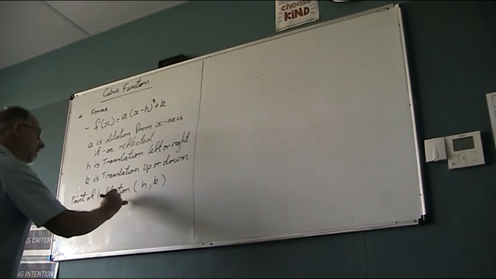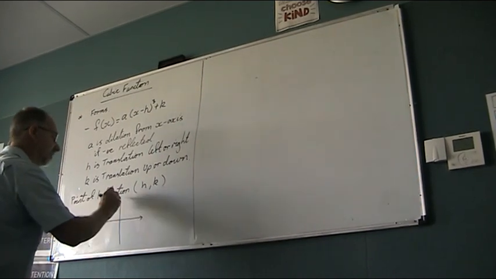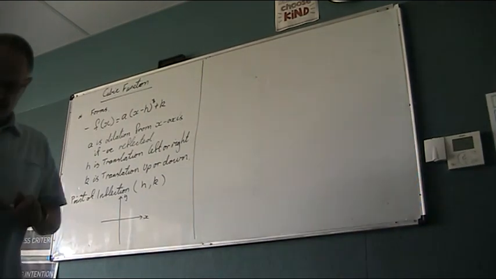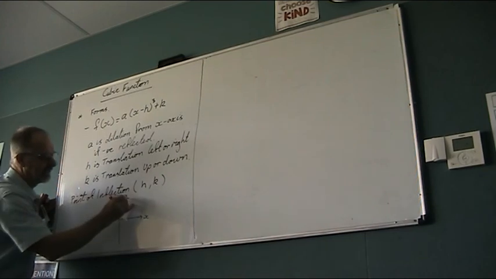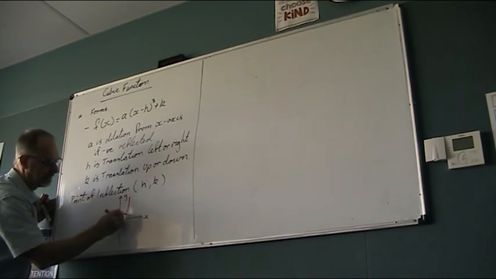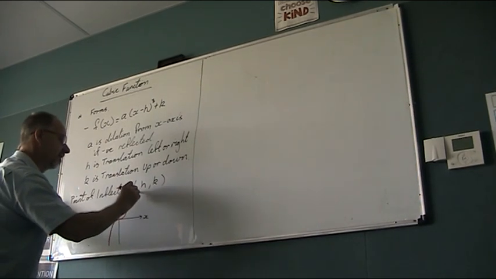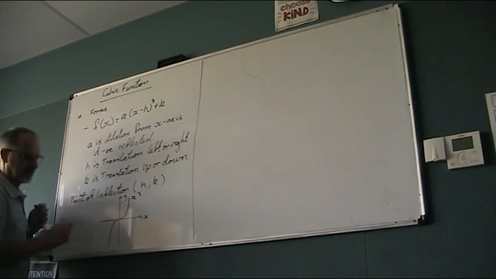And so our normal, standard, everyday garden variety of cubic, so just the standard x cubed, looks like that there. So we have our point of inflection, which is here.